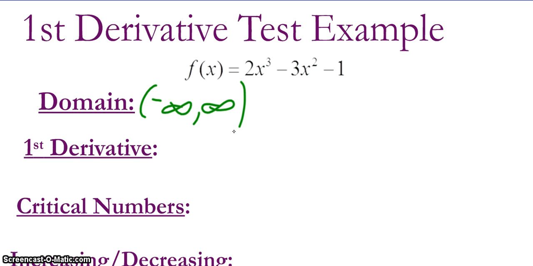It's early, I understand. Alright, now the first derivative. Use our power rule. F prime of x is 6x squared minus 6x. Now let's find our critical numbers.